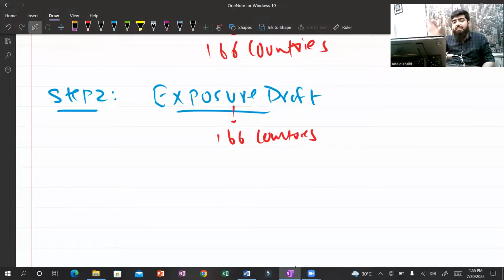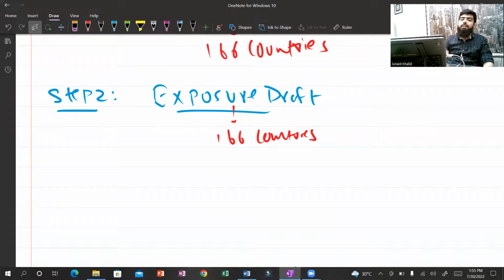Why is this activity being carried out? Don't forget the objective or agenda of the IFRS Foundation. The agenda of the IFRS Foundation was maximum convergence with the national laws, and this could only be done by this activity. Now again 166 countries will respond: yes, there are improvements, yes, now there is convergence, or it's linking with the national laws.